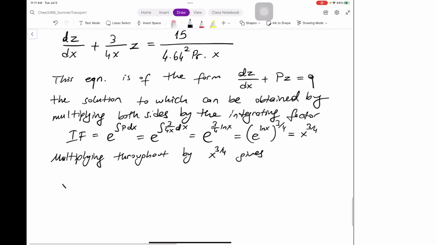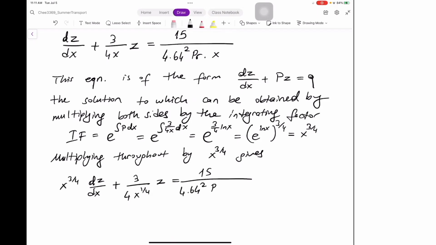this equation: x to the 3 over 4 dz over dx plus 3 over 4 x to the power 1/4 z is equal to 15 divided by 4.64 squared Prandtl number x to the power 1/4, right?